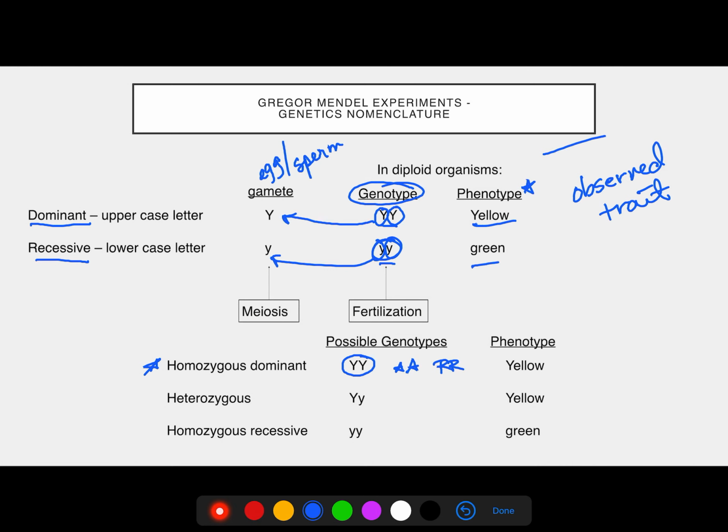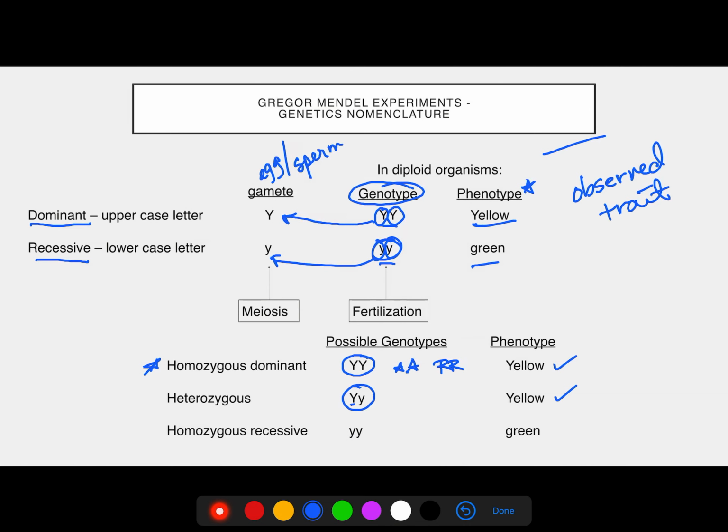And the phenotype for that organism would be yellow, because the capital or dominant allele confers a yellow phenotype. And that's something I would have to tell you, what the dominant and recessive traits are. If I said heterozygous, you would say that's capital Y, lowercase y, which would still be yellow because it has the dominant allele.